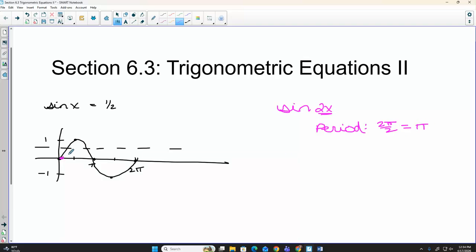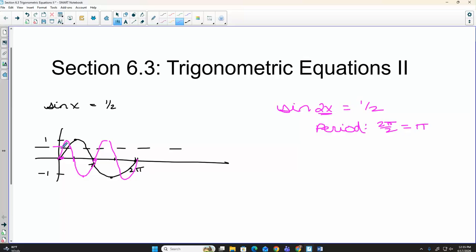So what happens is when we graphed it, it had already done a complete cycle by the time you got to pi. And so if I asked every time it equaled 1/2 between 0 and 2 pi, is it just going to be 2 times anymore? No, because by the time I get all the way to 2 pi, my graph has done 2 complete cycles.